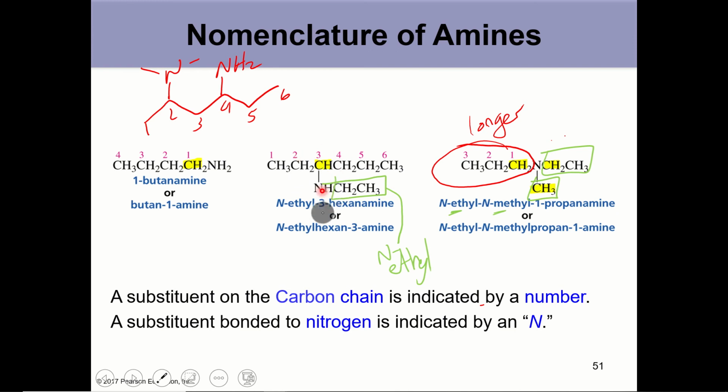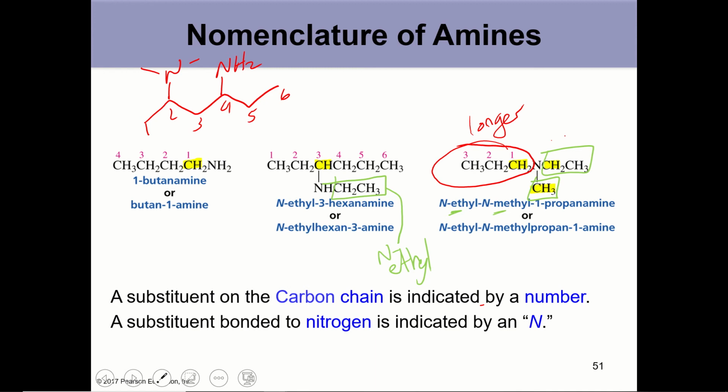But nitrogen can have bonds to substituents as well. And so any substituent bonded to the nitrogen is indicated not by number, because there's usually only one nitrogen. It is indicated by an italicized capital N.